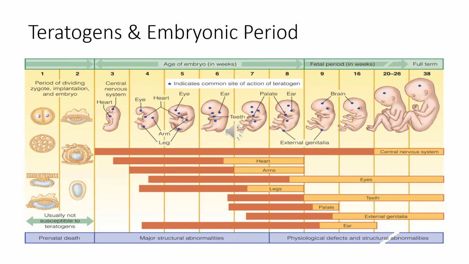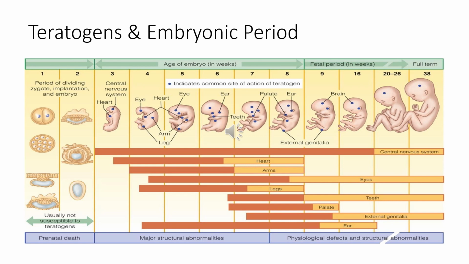The red bars indicate the most critical period of organ formation, when the organs could be most susceptible to teratogens, and the yellow bars indicate still a cautionary period, but not quite as critical. The key takeaway is that teratogens are the most dangerous during the embryonic period.